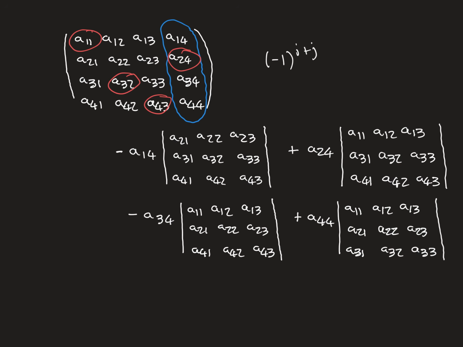And you work through all of the entries in your row or column that you've decided to expand around, and just add them together with the appropriate sign in front of them, and that will then give all the products that are needed for the determinant, and it will give the correct signs in front of each of those products.